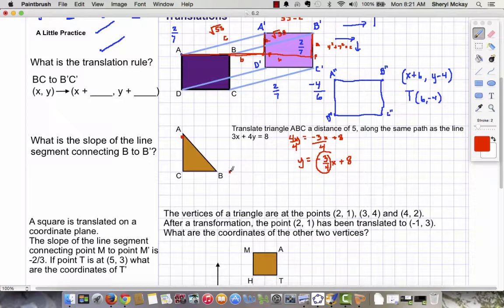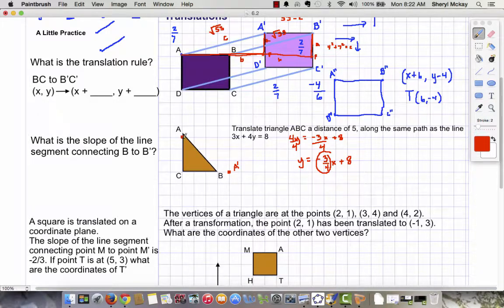So this becomes A prime. Now I don't really know for sure if I need to just translate it once, a negative 3/4, or if I need to do more than that. The other thing that I know is that the distance of the line segment A to A prime needs to be 5.